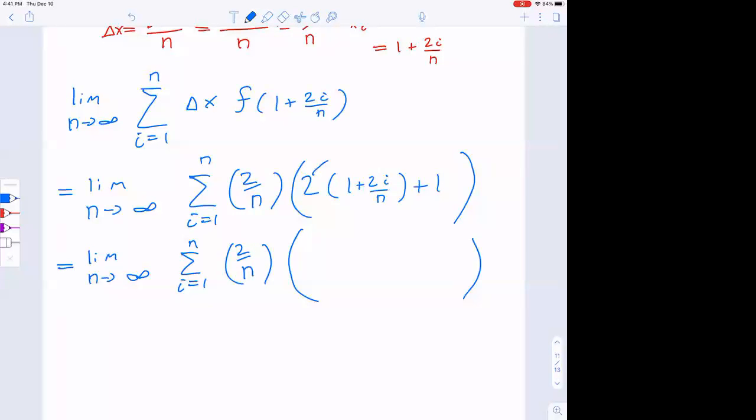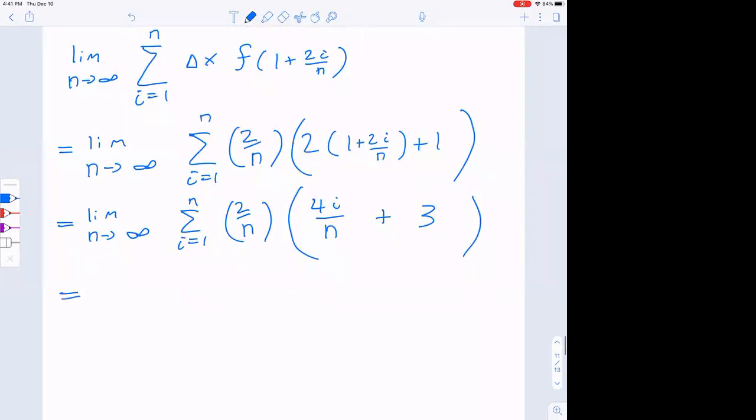If we multiply the 2 in, we would have 4i over n. So that takes care of the term that has an i involved. Now let's deal with the terms that don't have an i. So we multiply the 2 in and we add 1 and we'd have 3.